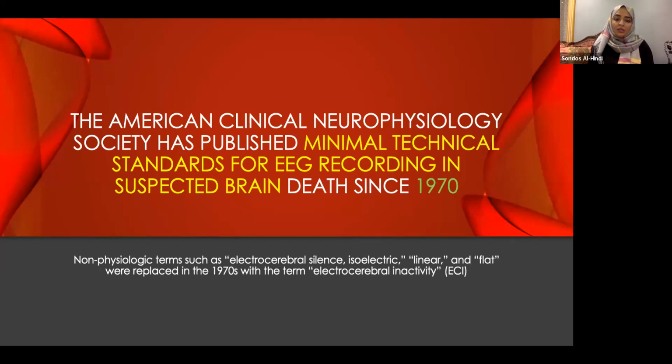At that point, they said that non-physiological terms such as electrocerebral silence, isoelectric, linear, and flat were replaced by electrocerebral inactivity, which was more accurate in terms of describing what we're dealing with, and I would say more professional than just saying it's a flat EEG.